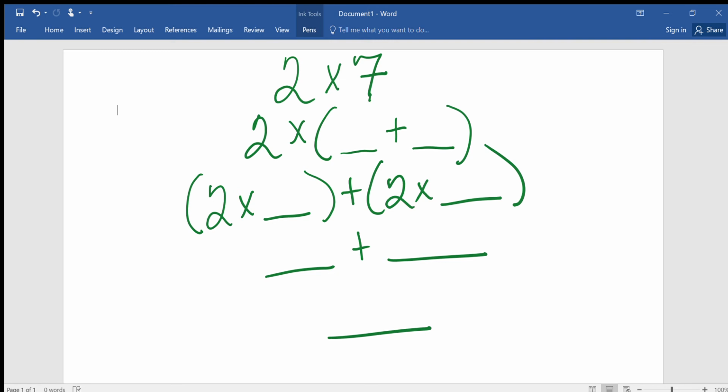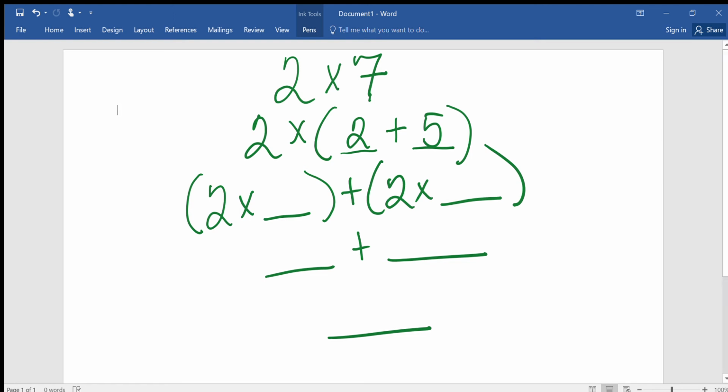So 2 times, and we have 2 plus 5. If you used 3 plus 4, or even 6 plus 1, that's fine too, okay? Just make sure you did the steps the same way, and you'll get the same answer.